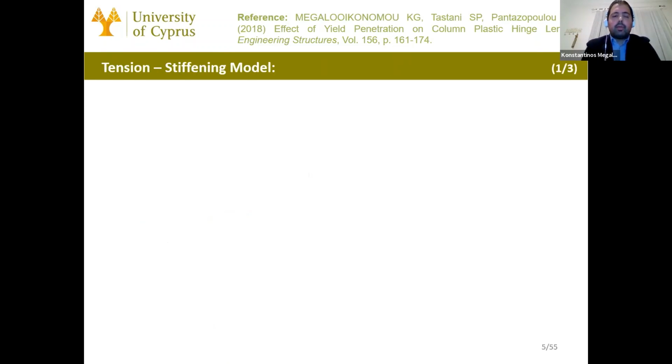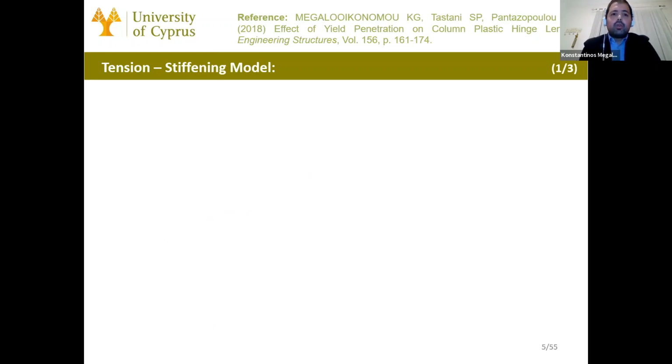So the tension stiffening model, usually that one is introduced also in OpenSees through the tensile behavior of concrete constitutive laws. In this case, I will show you how you can incorporate it directly through the differential equation of bond.